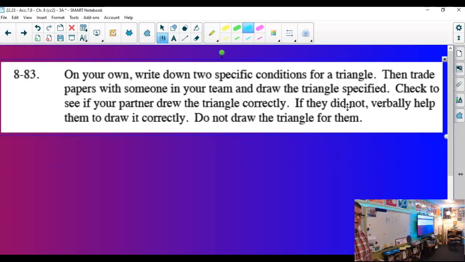So draw two lines of 6 and 8 centimeters connected by a right angle. Then connect those lines and measure the third side.